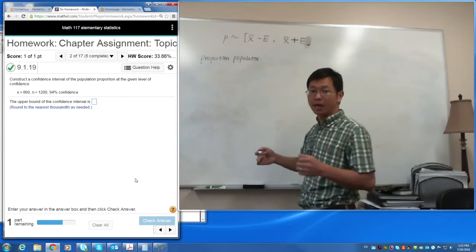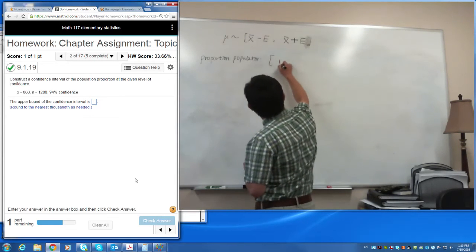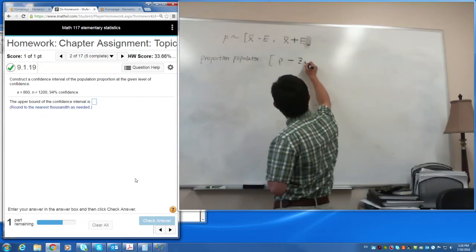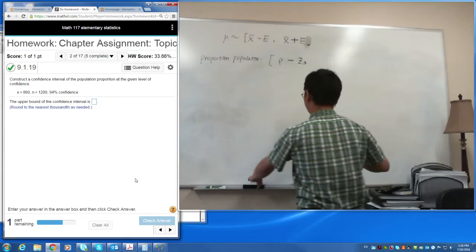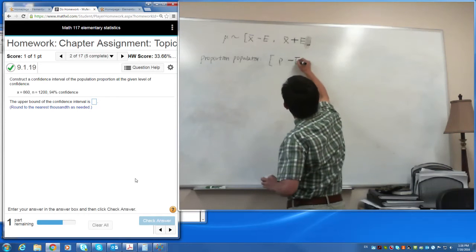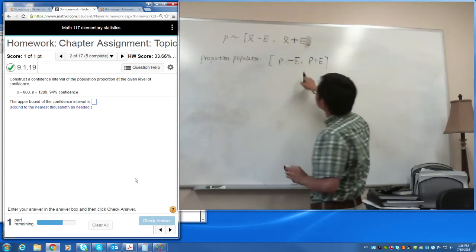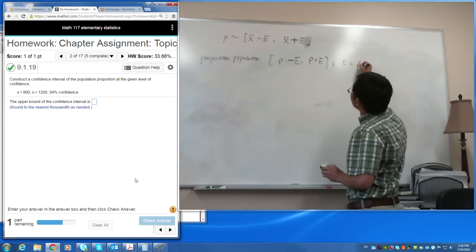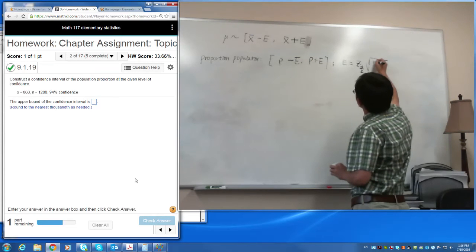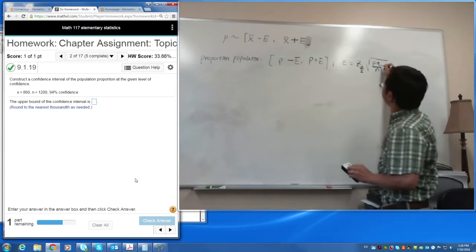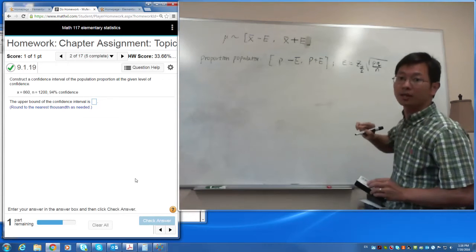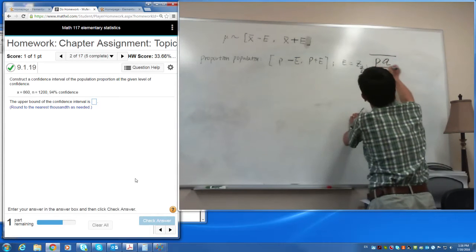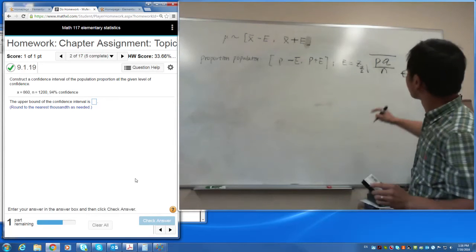We're talking about estimating the interval, so it's P minus E or P plus E. Looks simple, but the E here equals Z alpha over 2 times the square root of PQ over N. Once you got P, you got Q, right? Let me write it bigger. PQ over N.